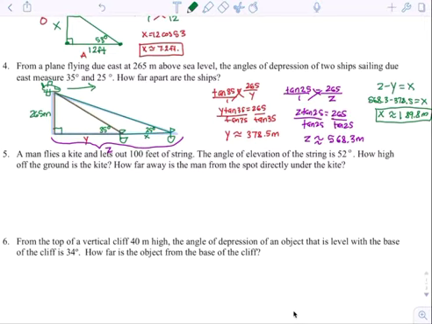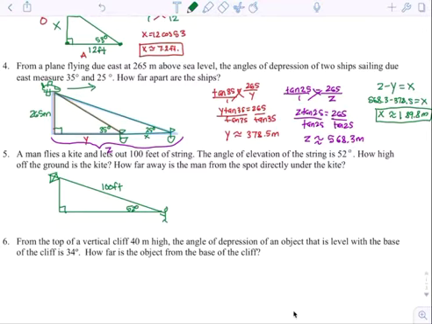Okay, number 5. I'm just gonna do a right triangle since, you know, all of these have right triangles. Okay, a man flies a kite and lets out 100 feet of string. So here's 100 feet of string. Here's the kite, and here's the man. The angle of elevation of the string is 52 degrees. So here's the 52 degrees, because angle of elevation, right?